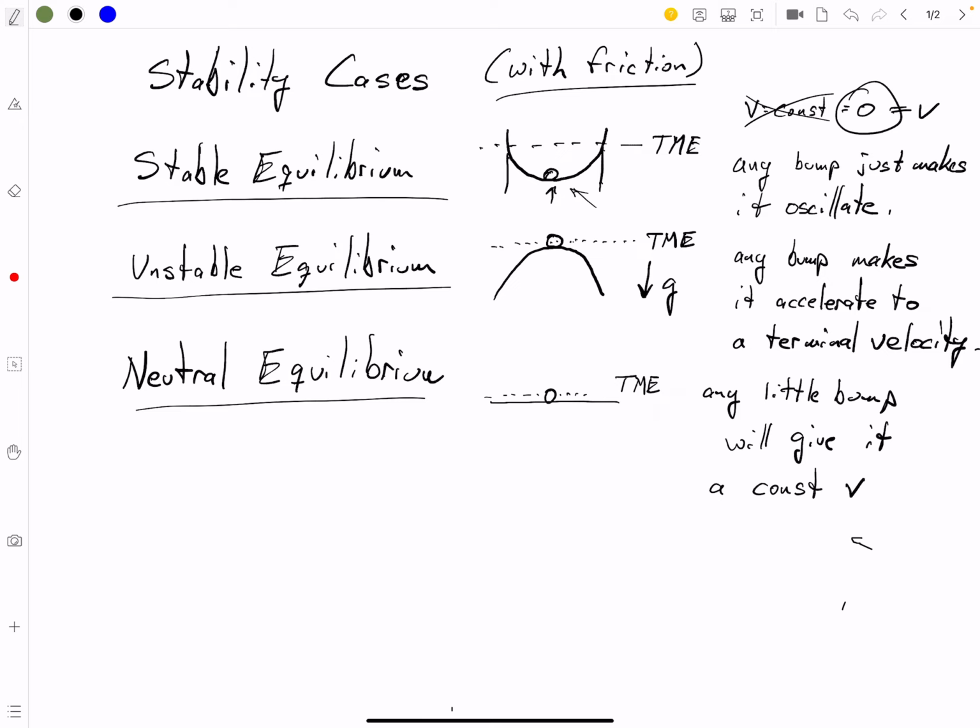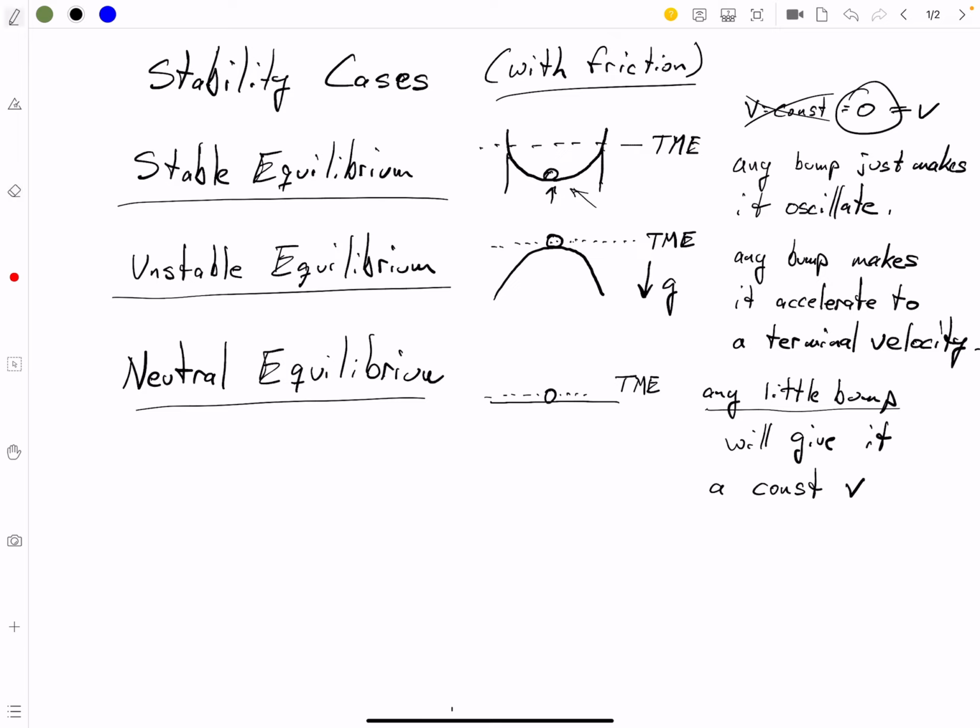Without friction, that constant velocity will stay, right? You've just given it some kinetic energy. With that little bump, you gave it some kinetic energy, and it will maintain that constant velocity forever. However, we're talking about with friction, so what's going to happen with friction?